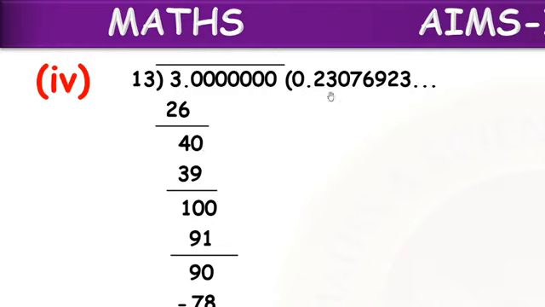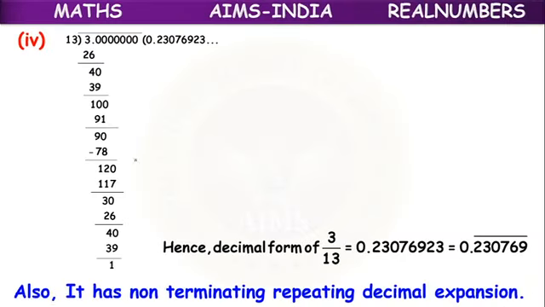We can keep 0. 13 3 times 39. 1 is remaining. We can take 0, but it is less than 13. We can keep one more 0 here. It will become 100. 13 7 times 91.